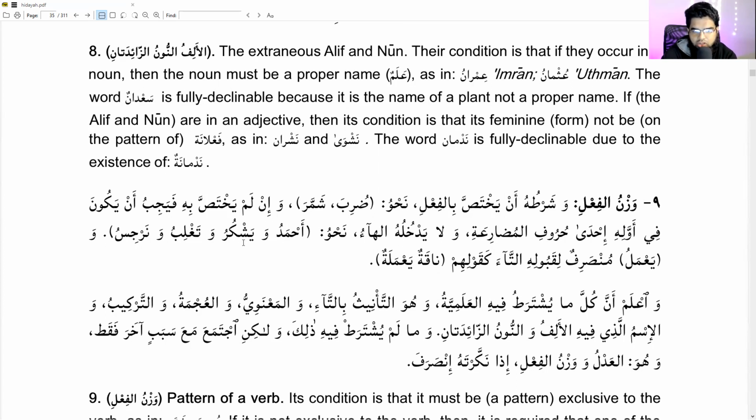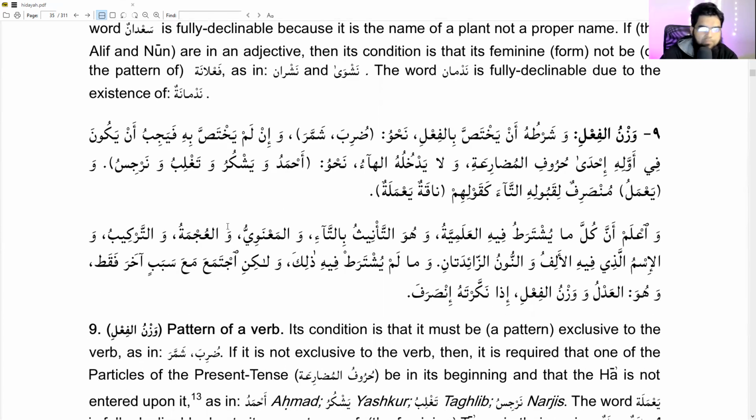If somebody's name is Yashkur, Taghlib, some name, Banu Taghlib. Narjis, Narjisu. Narjis is a flower's name, but it comes from Rajasa. Rajisa Yarjasu, to be dirty. So something in the dirt.